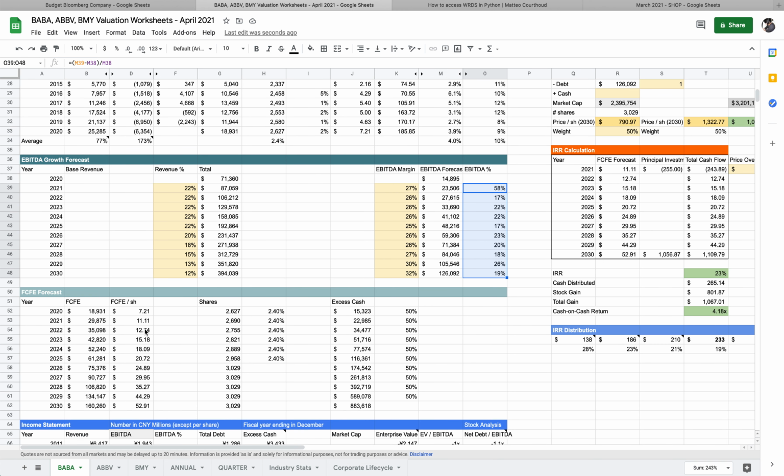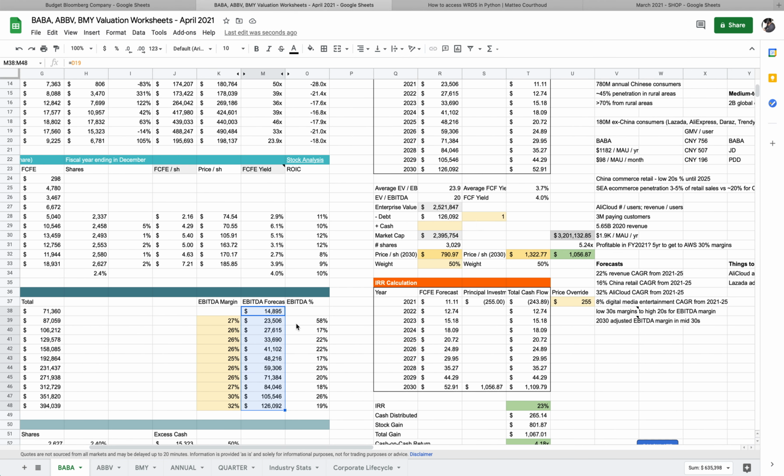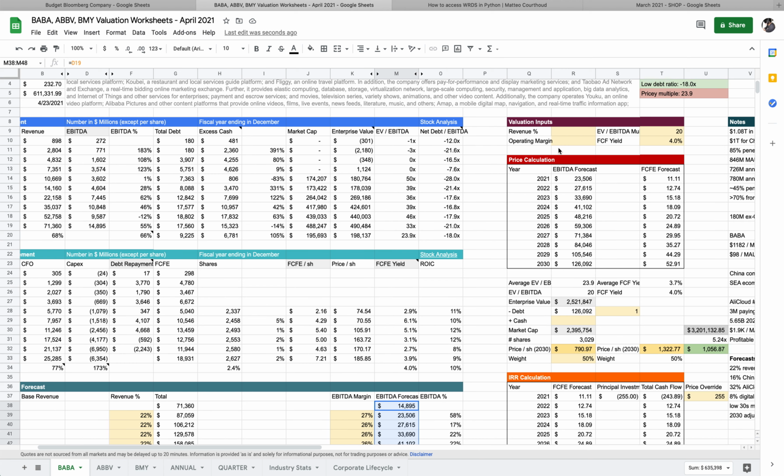Then just to finish this out, what you do with these forecasts is you take the EBITDA forecast, which I've copied over here. From here, you use this EBITDA forecast for 2030 to come up with a market cap, because the way you do that is you have this EBITDA forecast and this multiple.